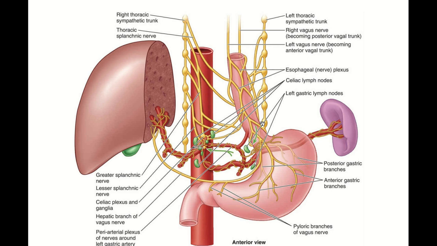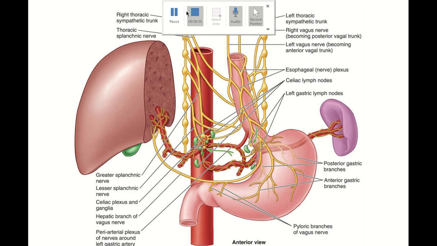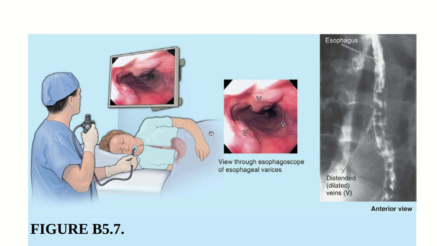So let's take a look at some clinical correlates of the esophagus. Right, so this is what you call esophageal varices. How does it happen? I want you to get this now.